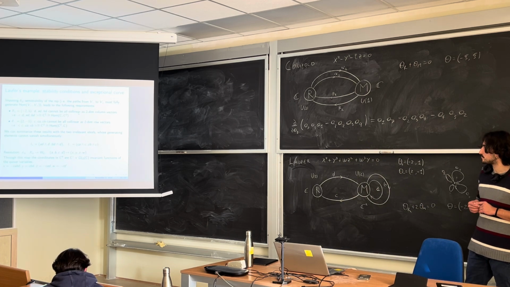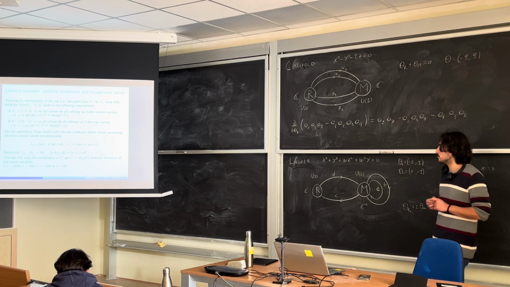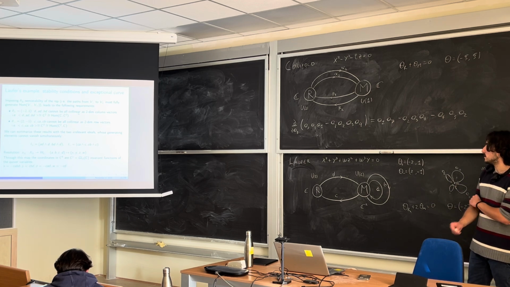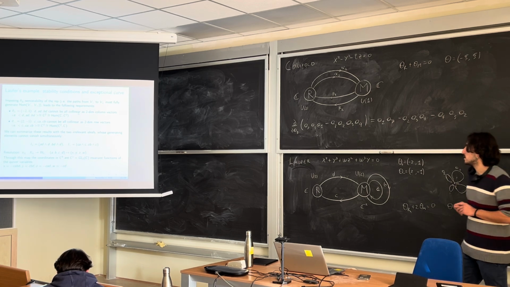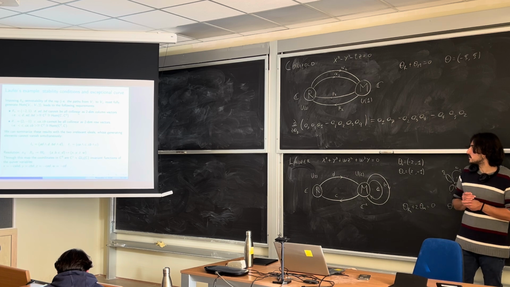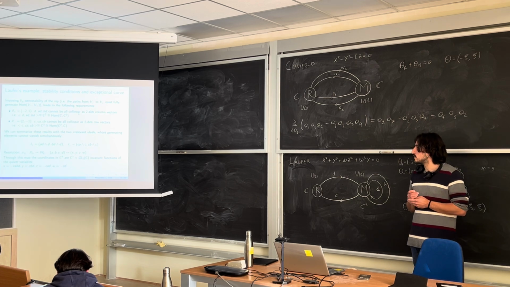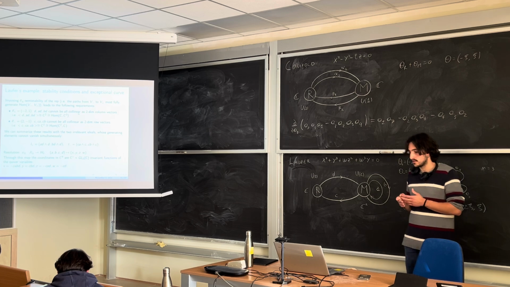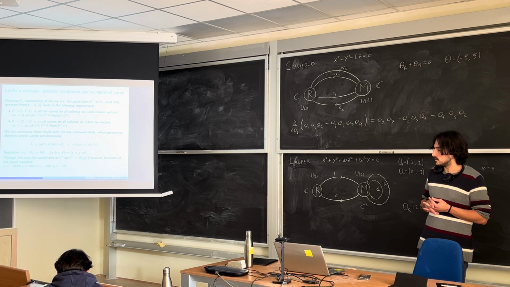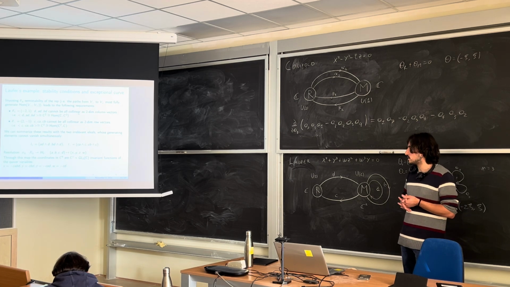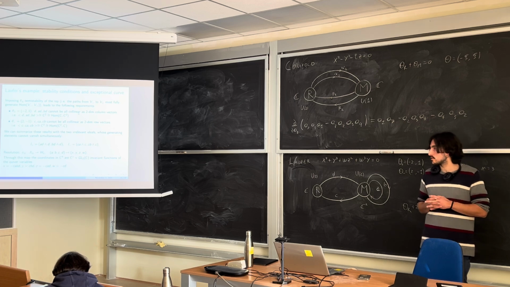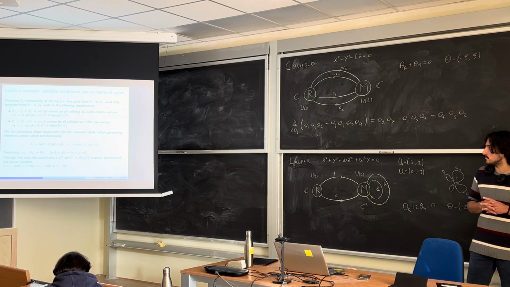So now we can study the stability conditions. For example, for theta plus, through some results, we have that D, AD, and BD cannot be all collinear as two-dimensional column vectors.